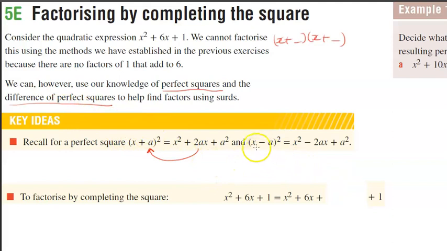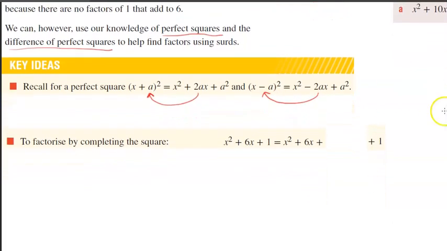Also recall x minus a, where a can take on any value. This is the expanded version. We're going to hone in on the process of turning this into that. For that to happen, we have to do a little bit of backwards working.